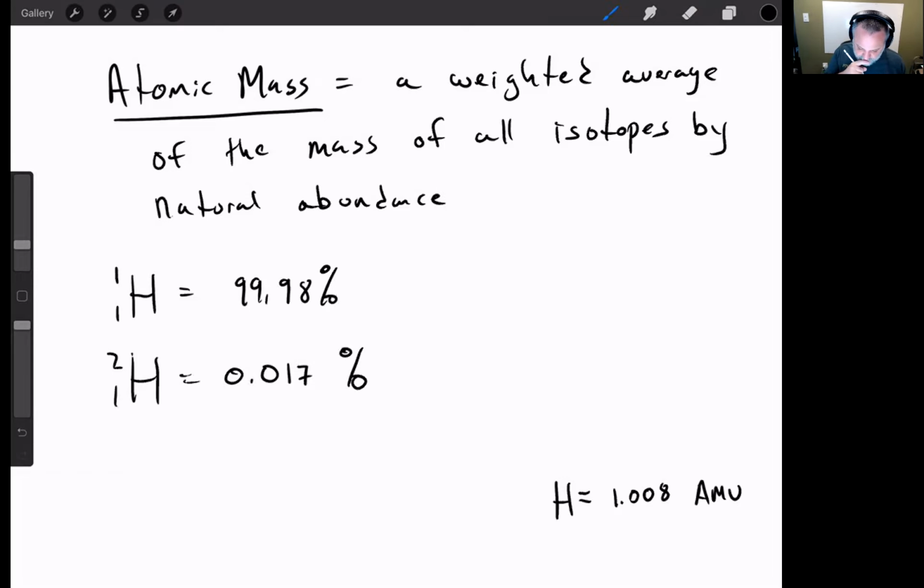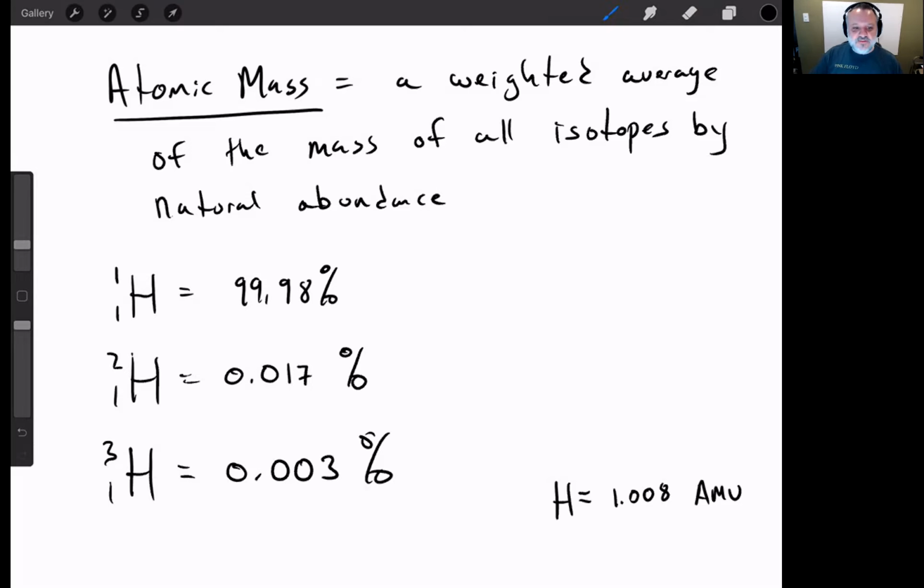And then hydrogen 3 is 0.003%. I think that all adds up to 100. Let's just do it real quick: 99.98 plus 0.017 plus 0.003. Did it. 100. Good.